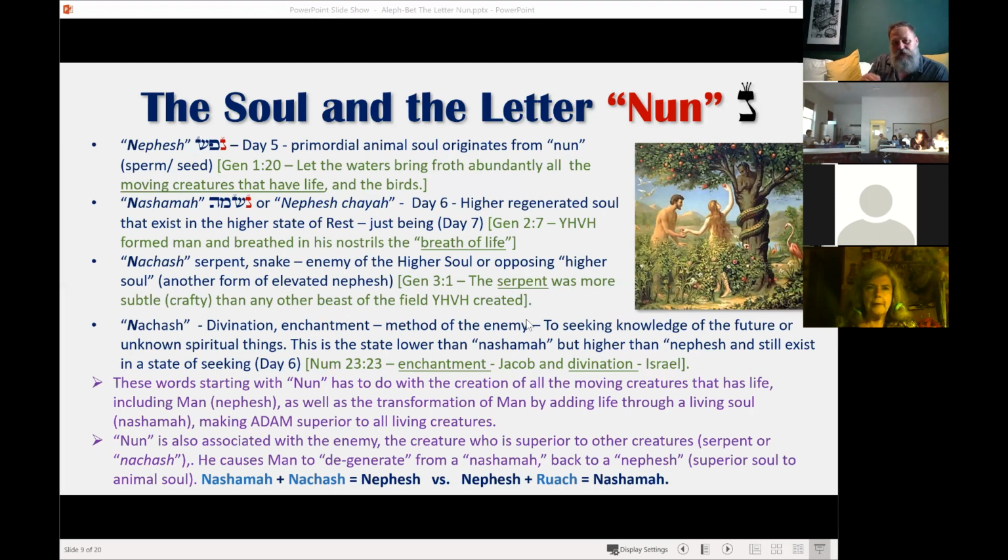So we see that the Nachash is a higher nefesh state, just like the neshama is a higher nefesh state. But the Nachash is a negative, higher form, and the neshama is a higher positive form. So fallen man actually fell down to a Nachash state, and they used to be in a neshama state.